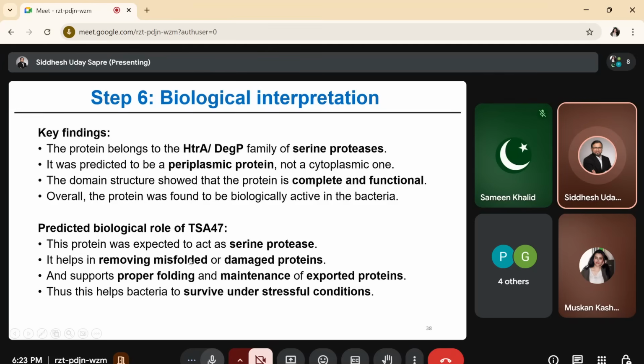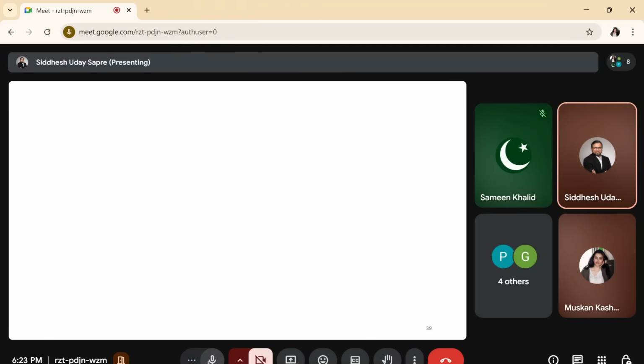It helps in removing misfolded and damaged proteins. So it acts as a quality control protein in case the bacteria has to survive in adverse conditions. It also supports proper folding and maintenance of exported proteins, which is why it helps the bacteria to survive under stressful conditions.